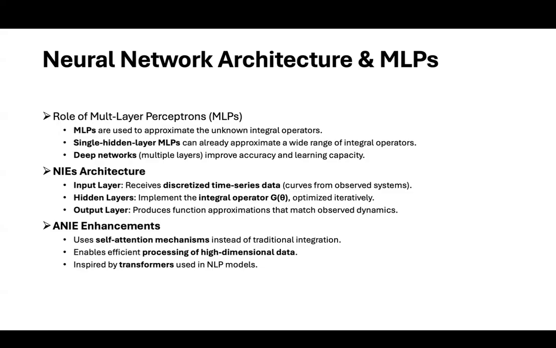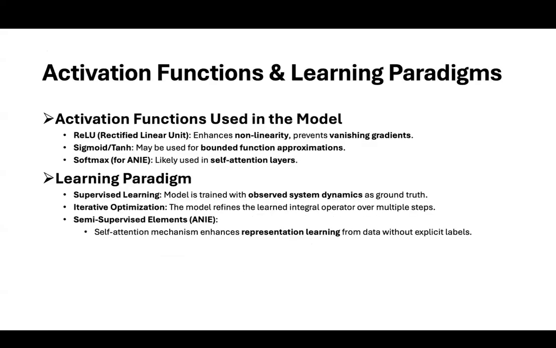So that is it for this. We go to the activation function and the learning paradigms. Here, how is learning achieved? That's the idea we may want to figure out.